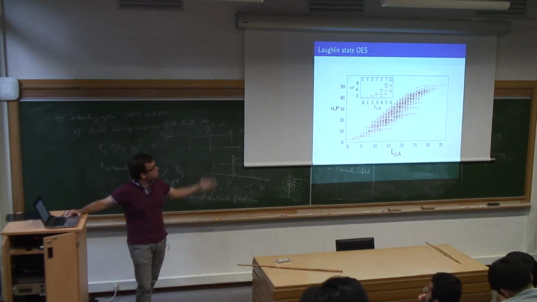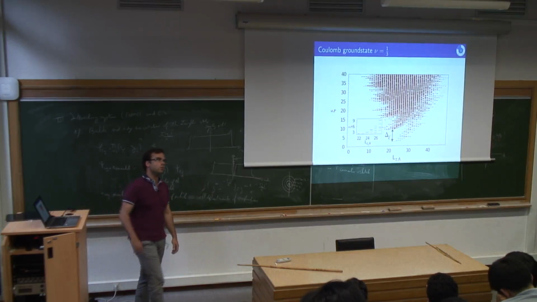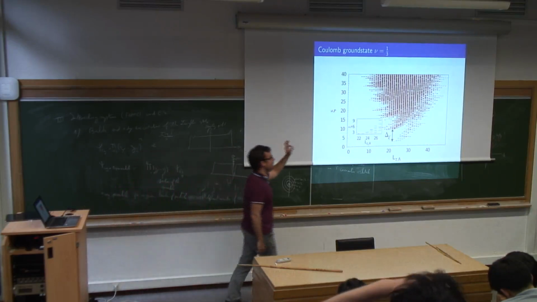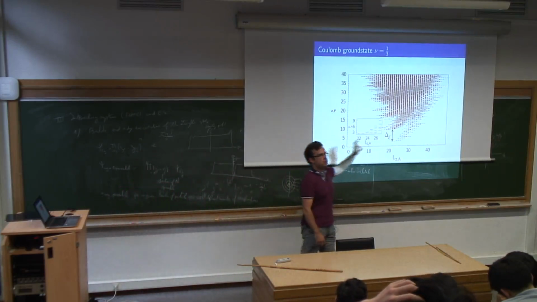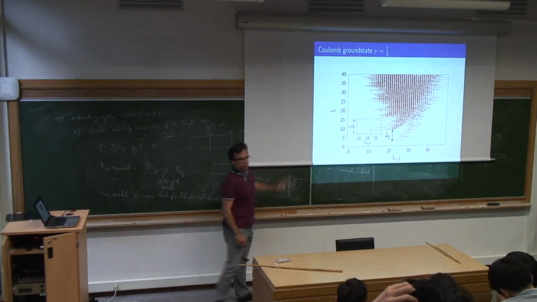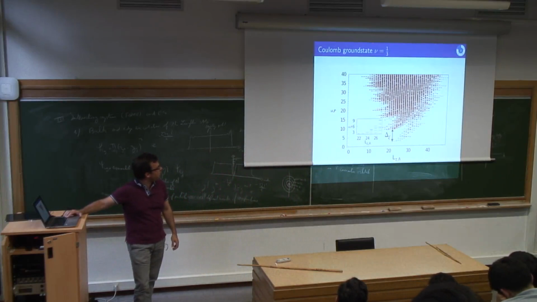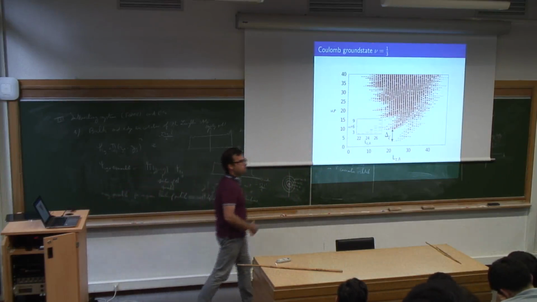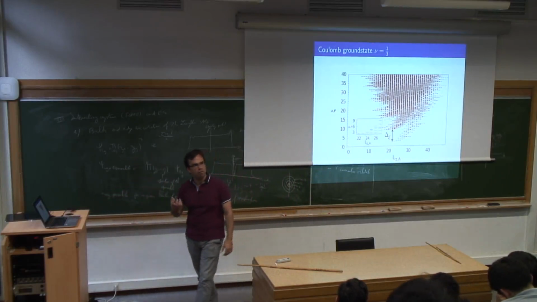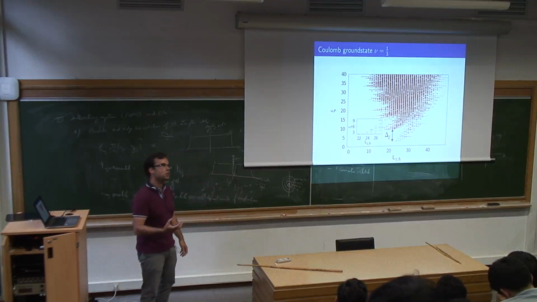But now, when you look at the interacting case, if you take a random state, you have many more levels. This is exactly the same filling factor, the same number of particles, the same way to cut your system. So as you can see, going from here to there is an exponential reduction of the number of levels in your entanglement spectrum for the Laughlin state.